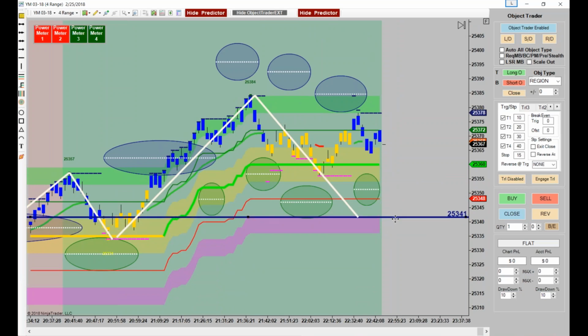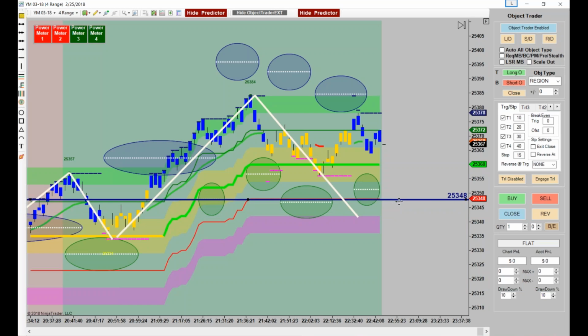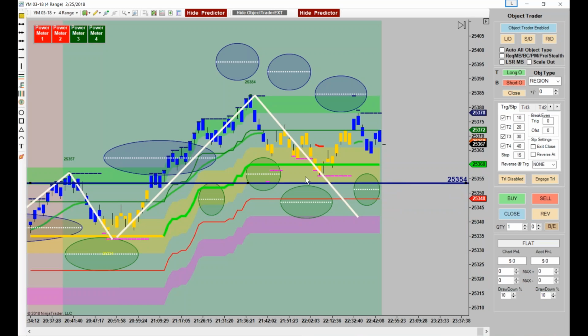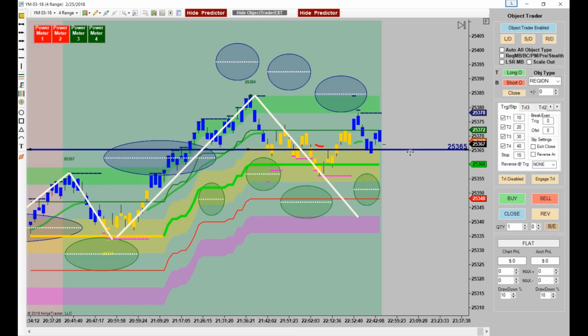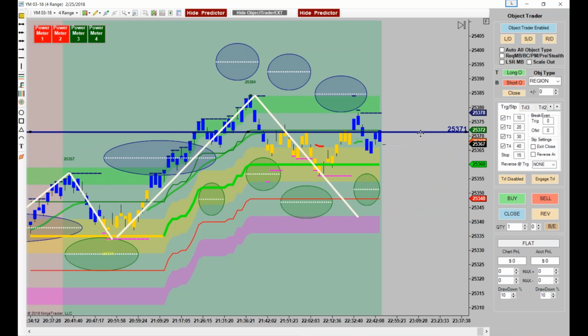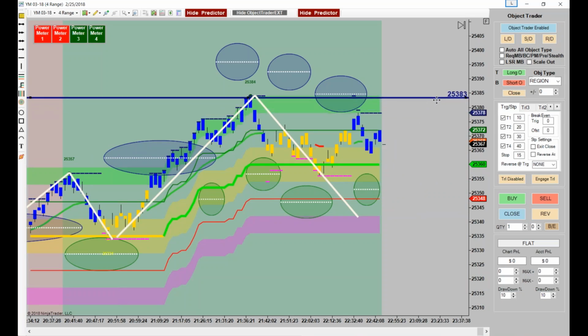This is line 1. This is line 2. This is line 3. See where that shadow is? And the midband is always line 4. And then from there you have line 5, line 6, line 7, and line 8.